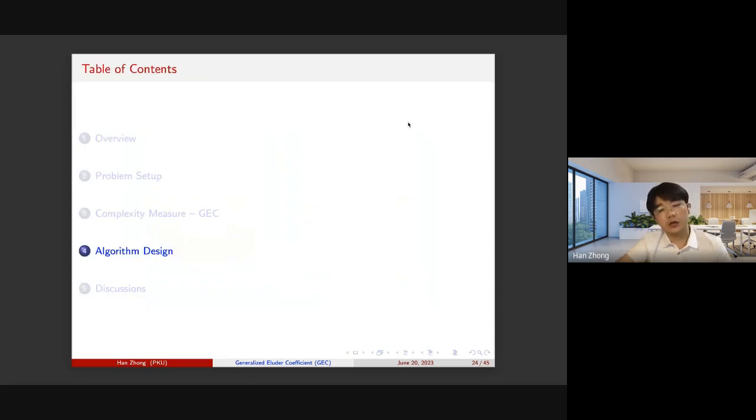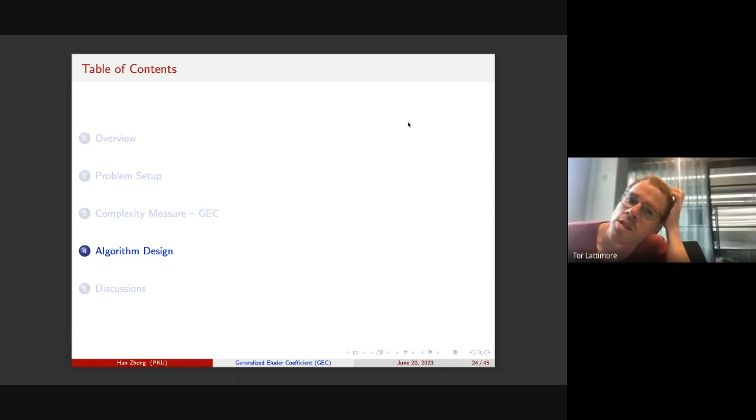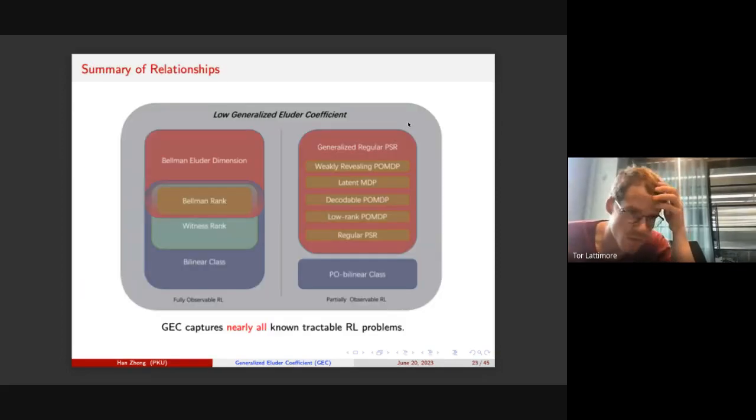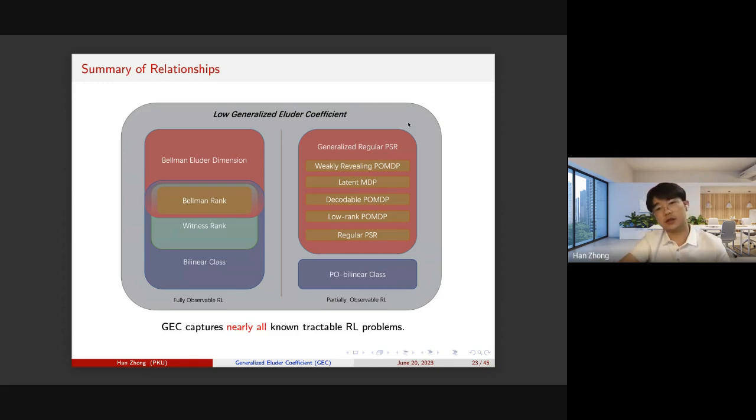And so now we have shown that the GEC can capture nearly all RL problems. Just a question. Sure. Can you say something about how this relates to the DEC? Oh yeah, this is a good and important question. Actually, I have prepared several slides in the discussion.